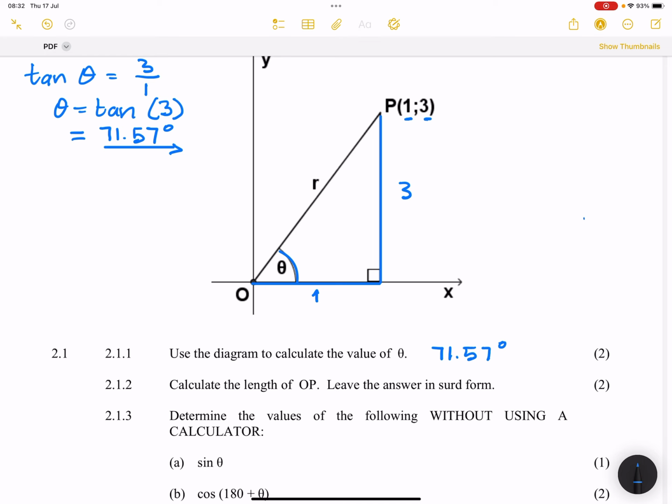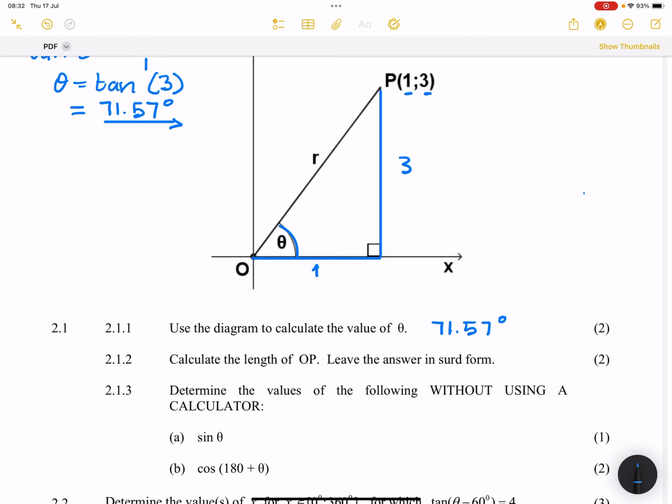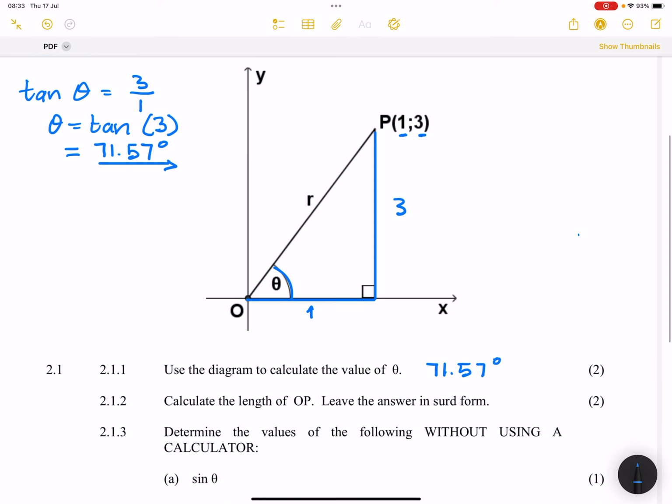Right. They say to us, calculate the length OP, leave the answer in surd form. So we want the length of OP, which is the r value. We can see that's a 90-degree triangle, so we're going to use the theorem of Pythagoras. That's r squared is equal to x squared plus y squared.